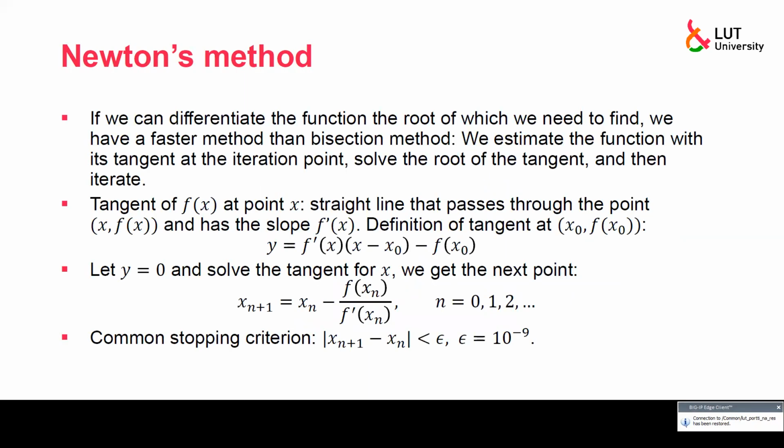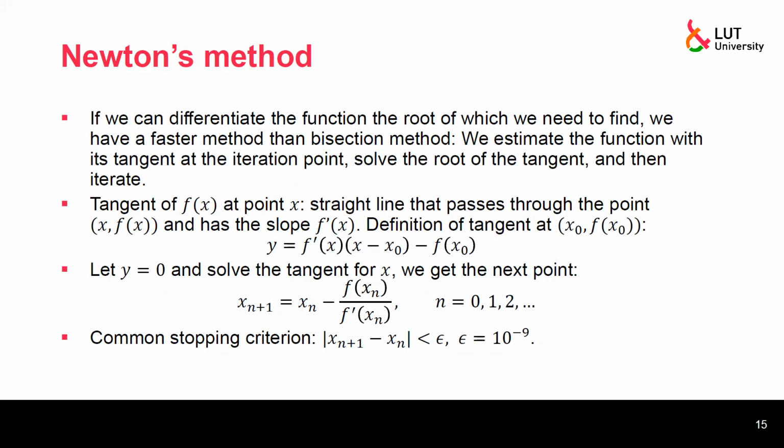Newton's method is faster. If we know the derivative, whether numerically or by actually differentiating the function, we can estimate, if the function were straight, where the tangent of the function would hit 0.